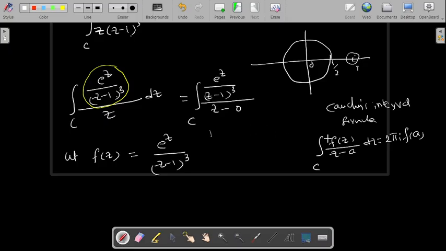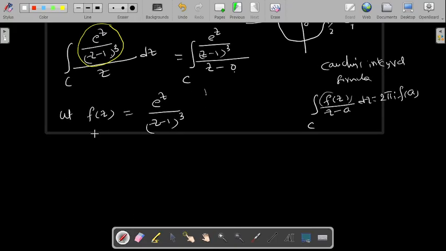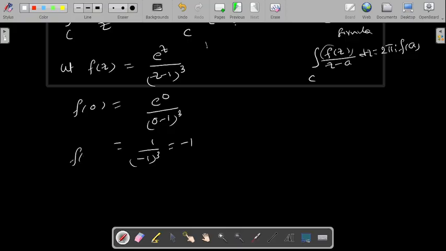Here f of z is e power z by (z minus 1) whole cube, and z minus a is z minus 0, so a is 0. So we find f of 0: e power 0 by (0 minus 1) whole cube, which is 1 by minus 1 whole cube, that is minus 1.